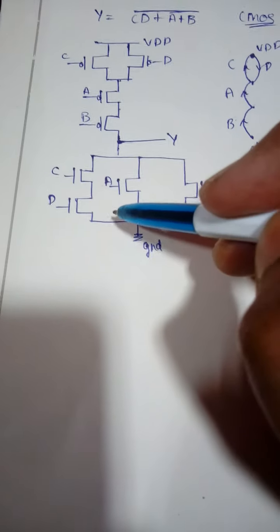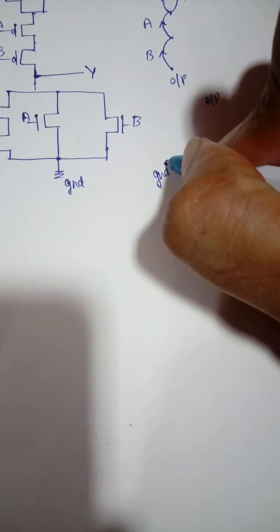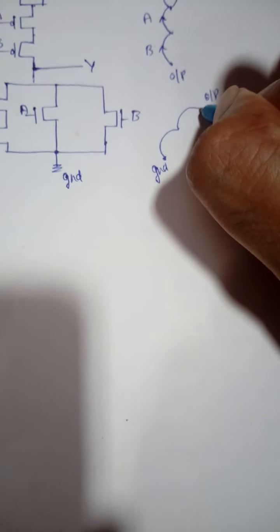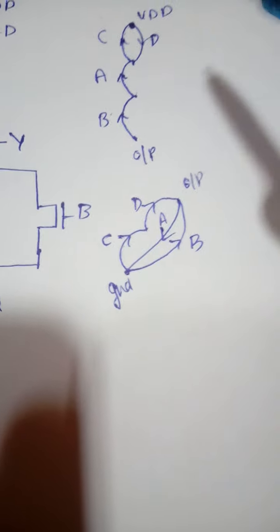So here you have C, D, A and B. So let us start C, D, A and B. You can think this path as C, this one as D, and it comes in this direction A, and it comes back in this direction, which is B. C, D, A and B. So these are the paths which you have to follow, right?